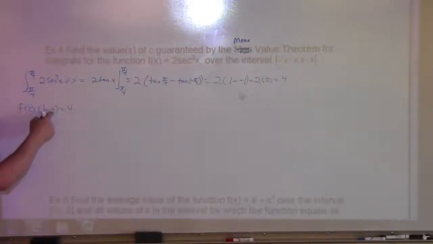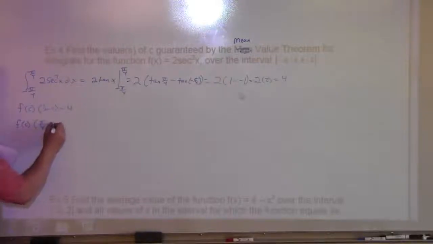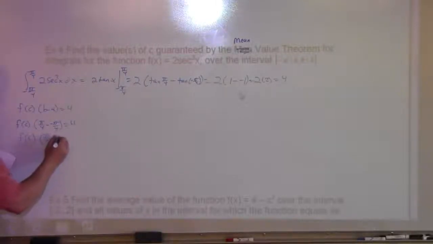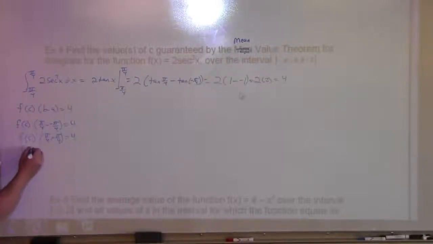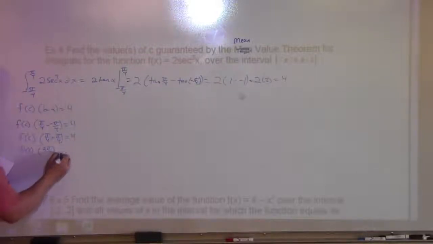And our b is pi over 4, a is negative pi over 4. So f of c times pi over 4 minus negative pi over 4 equals 4. So f of c times, that's pi over 4 plus pi over 4, that's 2 pi over 4.